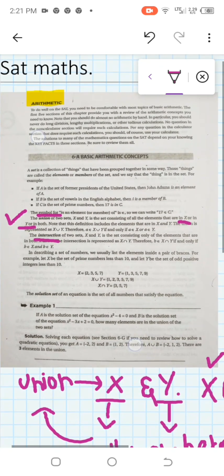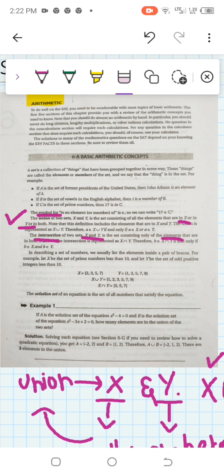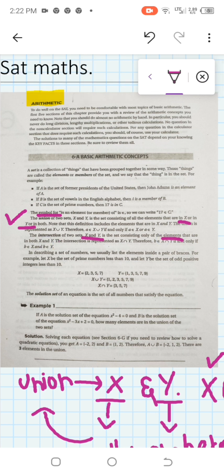Okay. After that here we have the intersect of two sets X and Y, considering only the elements that are common to both.